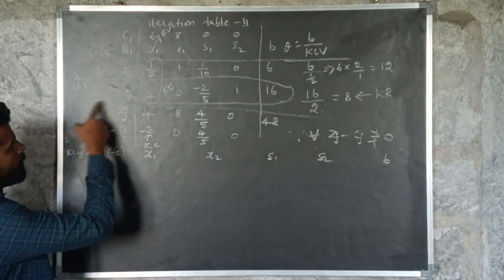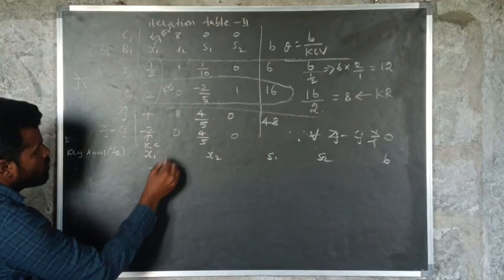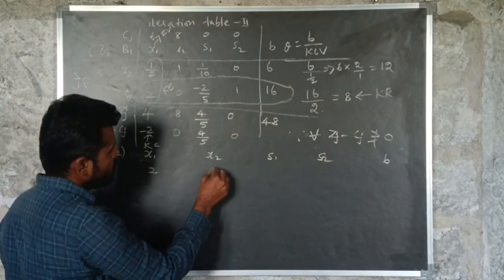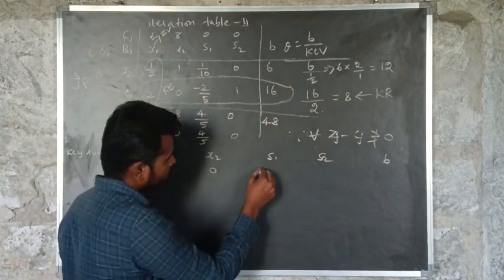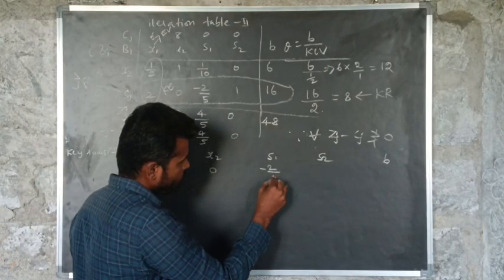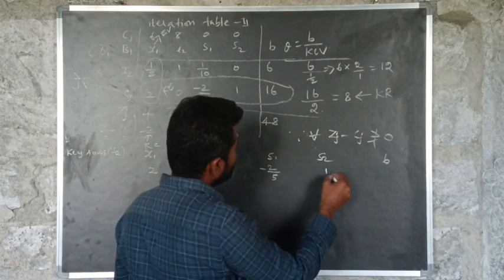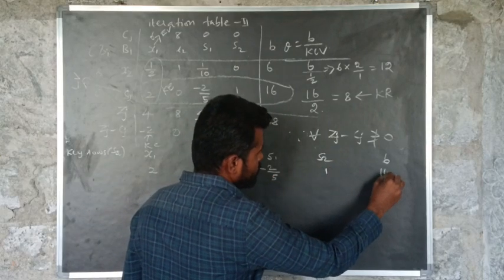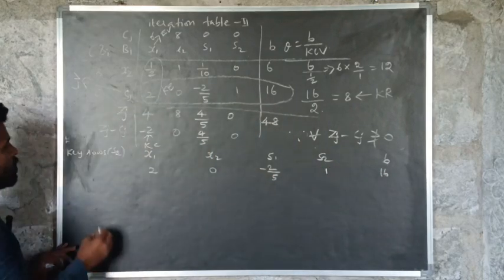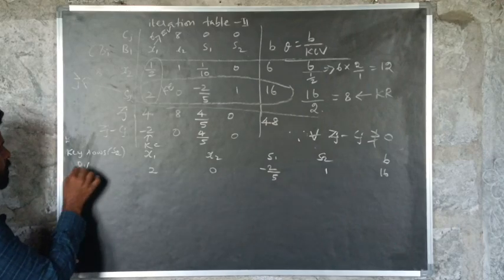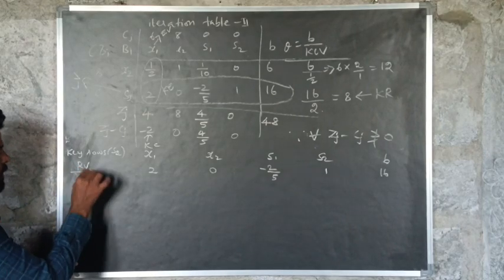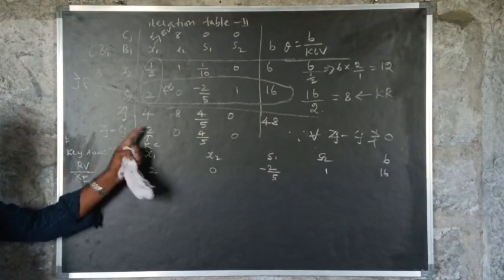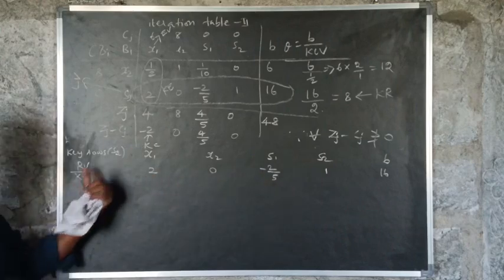For the row values here: X1 is 2, X2 is 0, S1 is minus 2 by 5, S2 is 1, and for quantity it is 60. So what is the formula for the iterated value? Row value divided by key element. The row value we have written, and the key element is 2.